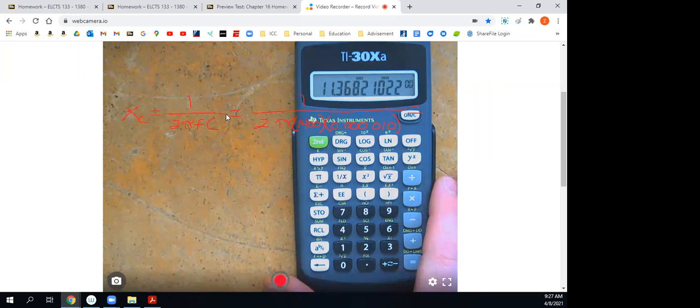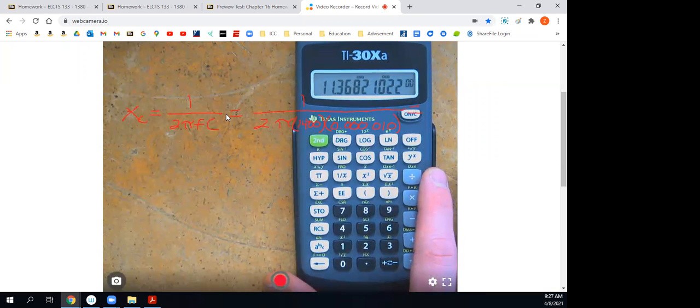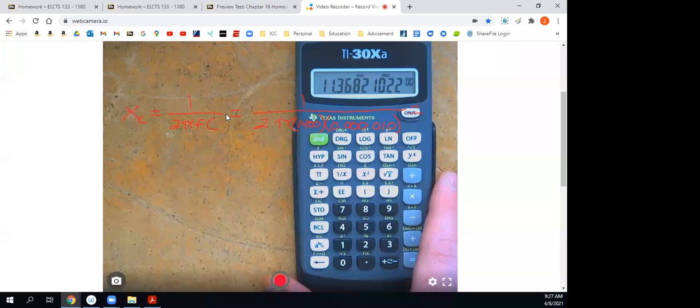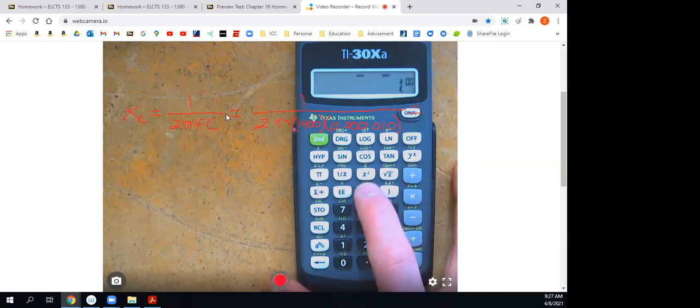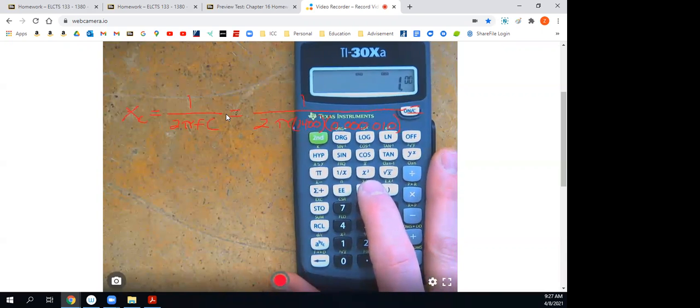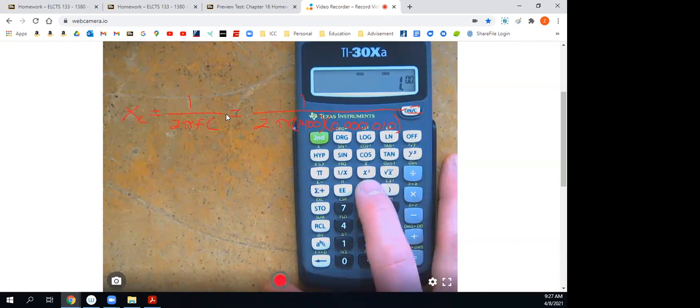You open the parentheses right after 1 divided by, right? I need to put that whole bottom thing in parentheses.